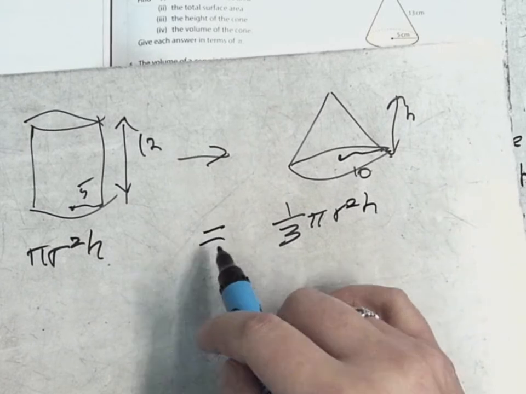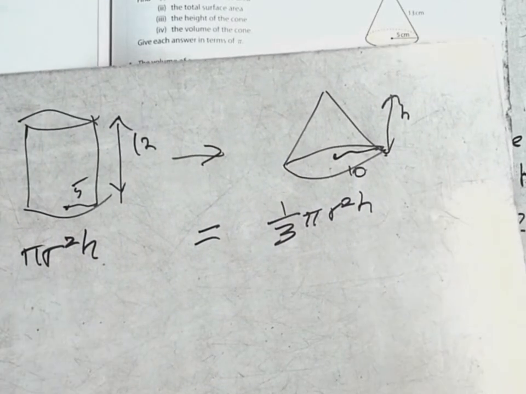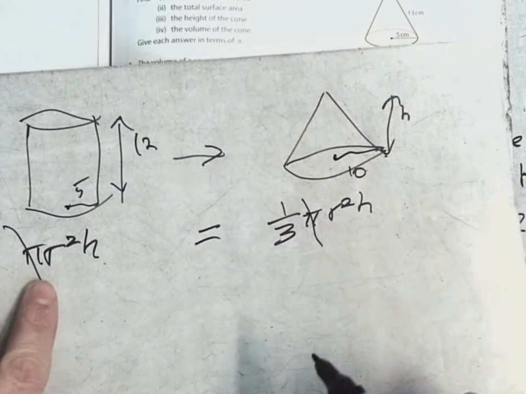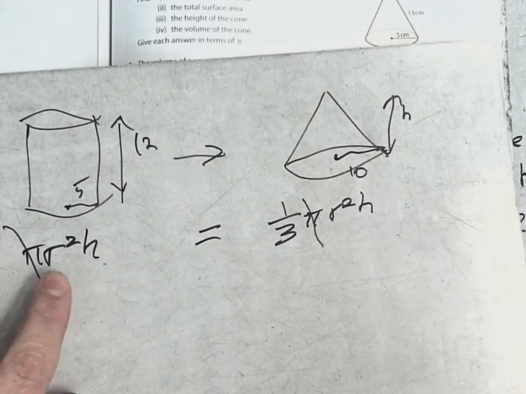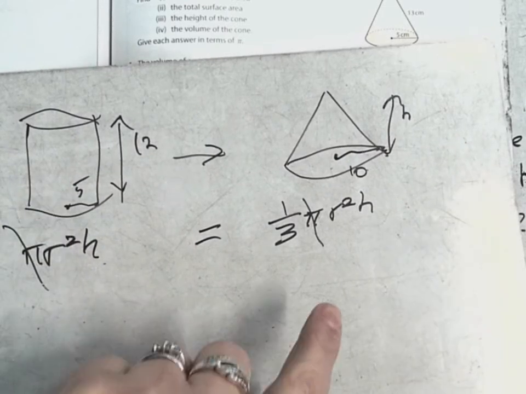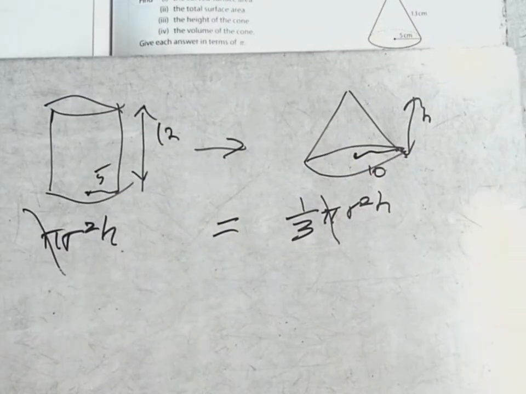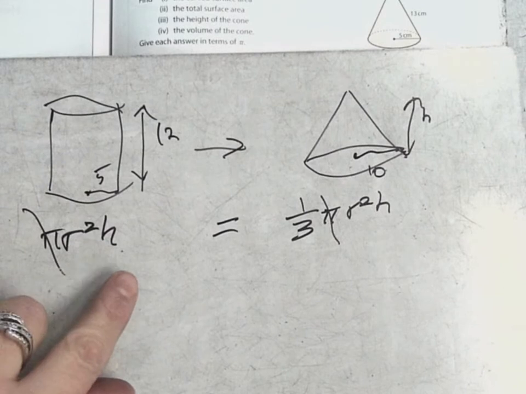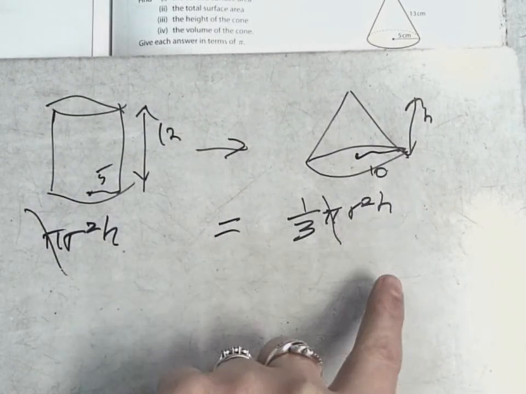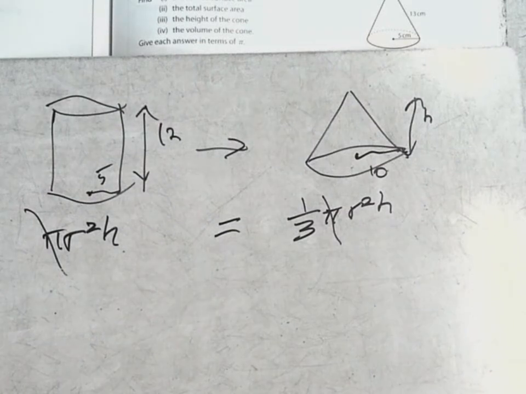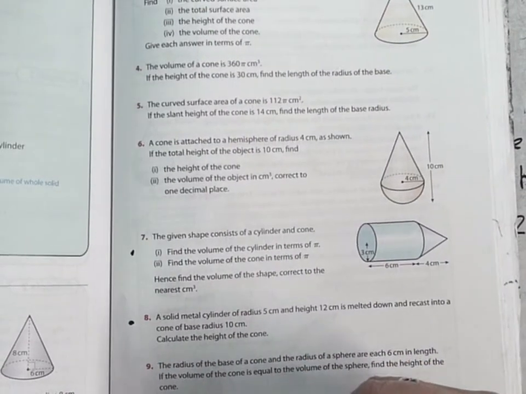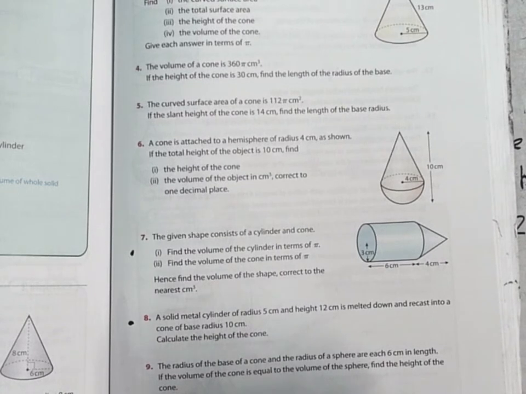You know they're equal. Can I knock off the pi's? Yes. Can I knock off the r squares? No, why? Because this is the radius of the cylinder, which is 5, and the radius of the cone is 10. The height, you know, it's 12. The height over here is what you're looking for. I'm going to leave the rest of that one with you. So that's 7, 8.